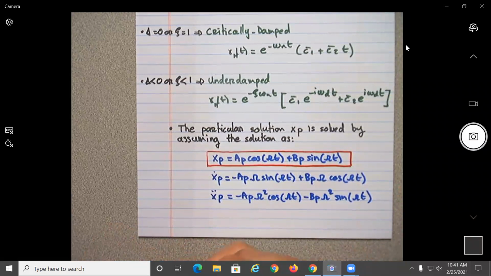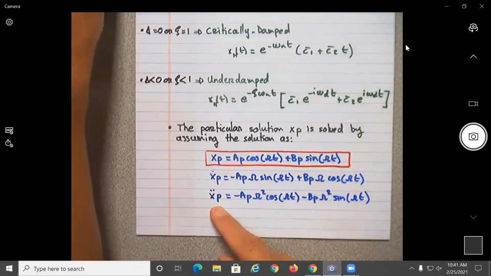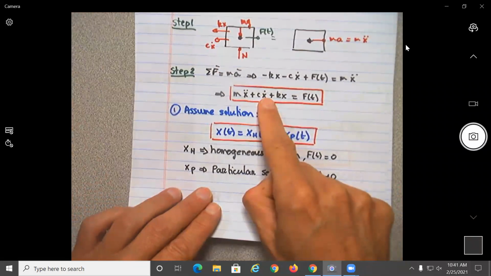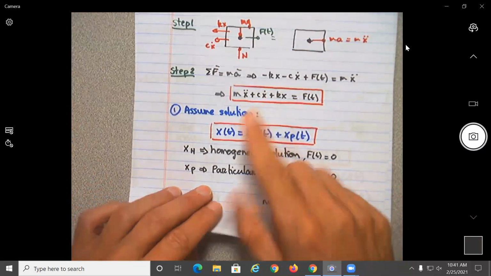So by now you should know step two. Step two is going to be substitute this into the equation of motion. Okay?